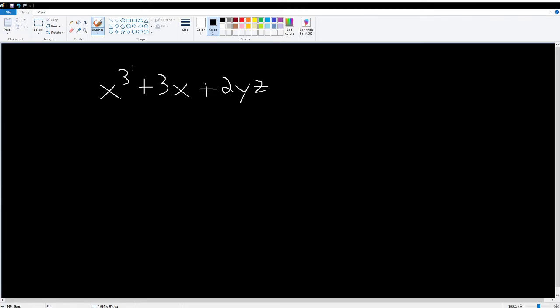The exponents are all positive, and they're whole numbers. Integers can be negatives, but we want positive integers. If I had x to the 1/2, this is not a polynomial.